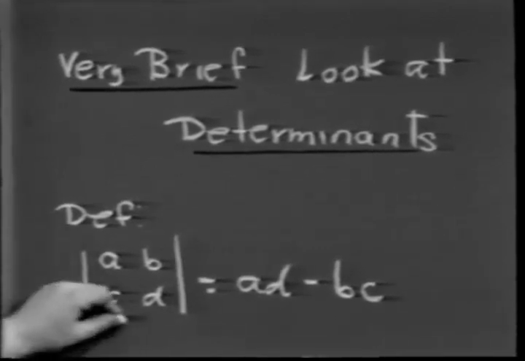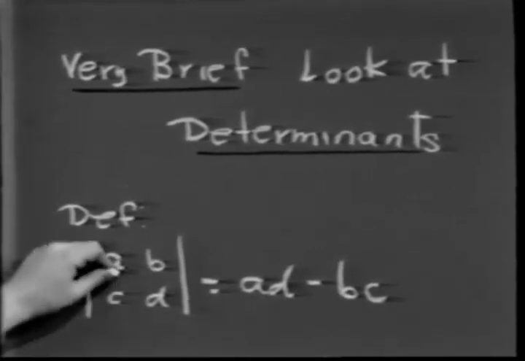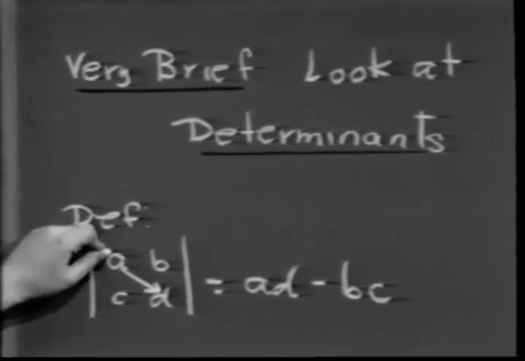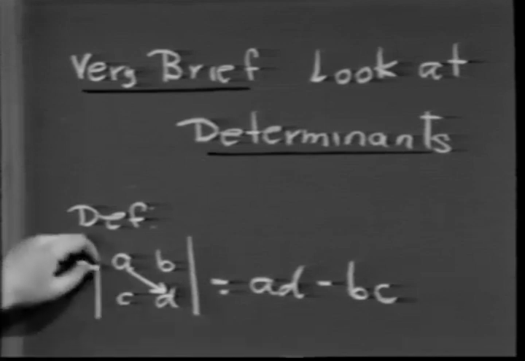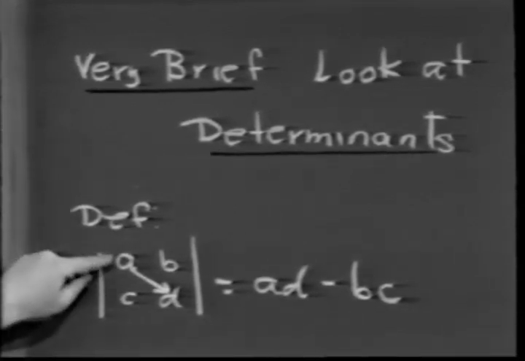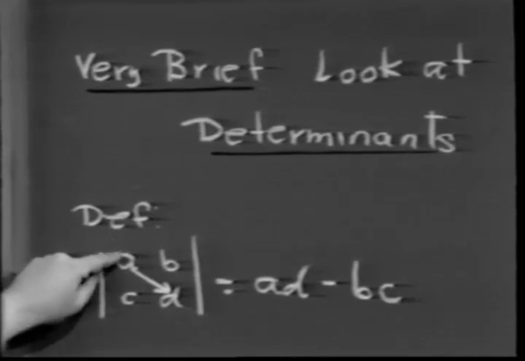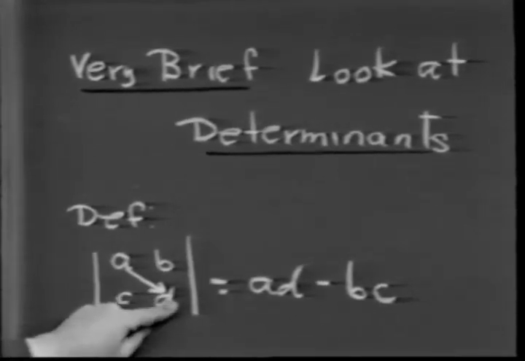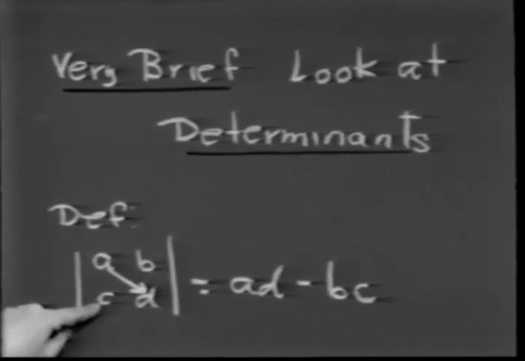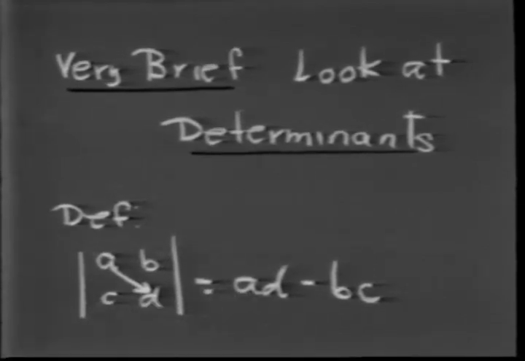And by definition, the 2-by-2 determinant A, B, C, D is the product of the 2 terms A and D minus the product of the 2 terms B and C. In other words, if you multiply the upper left by the lower right and subtract from that the upper right times the lower left, that is by definition the value of the 2-by-2 determinant.